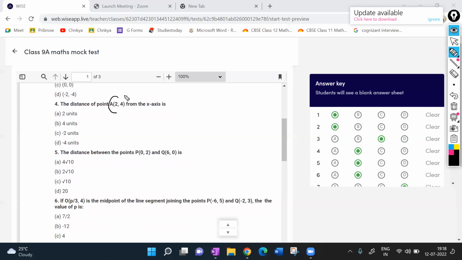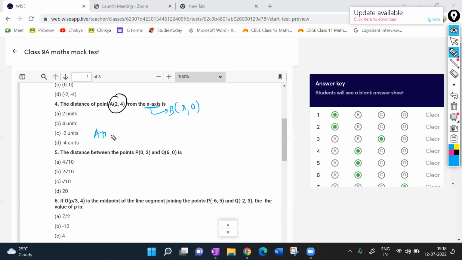Distance of the point A from the x-axis. So basically on the x-axis, how the point will be, beta? x comma 0. Y coordinate would be 0 on the x-axis. Are you guys getting my point? On the x-axis, only x coordinate would be there, y coordinate would be 0. So first of all, let's say a point called B is lying on the x-axis.